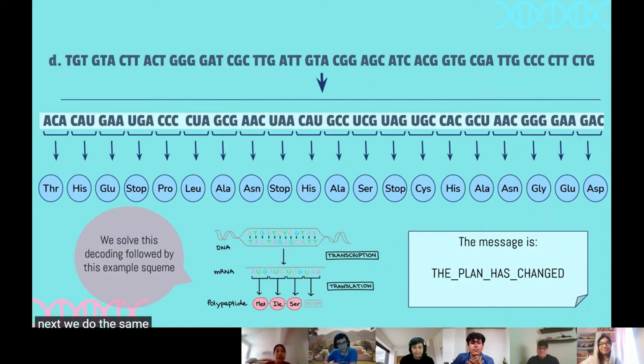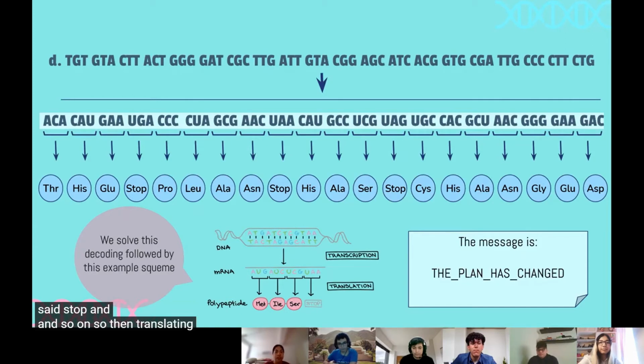Next, we did the same. In this case, here we can see how we translate from DNA. Then below are the RNA codes. Then we pass it through the corresponding amino acid, and we only put the abbreviation here: Thr, His, Glu, and the stop codon said stop, and so on.